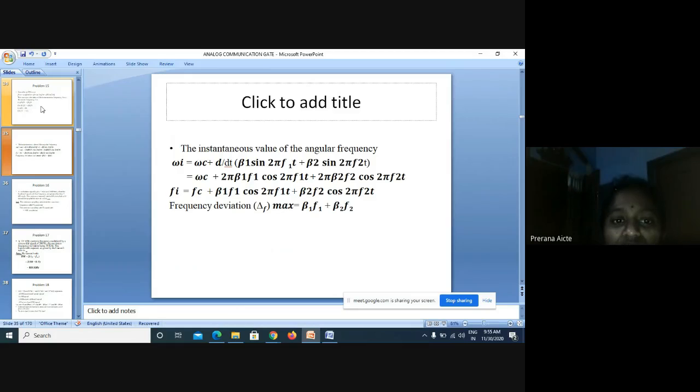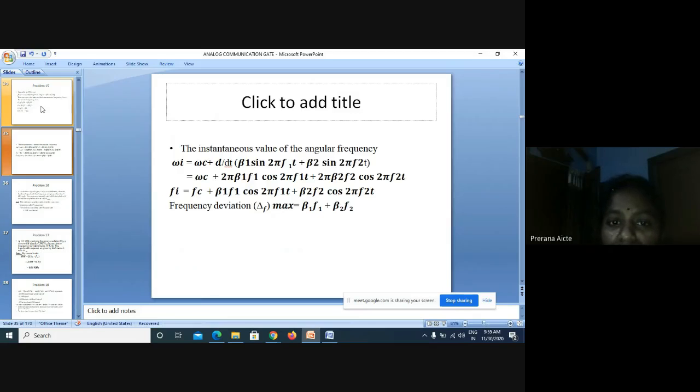That is omega i equal to omega c plus d by dt of beta 1 sine of 2 pi f1 t plus beta 2 sine of 2 pi f2 t. Omega i stands for instantaneous.